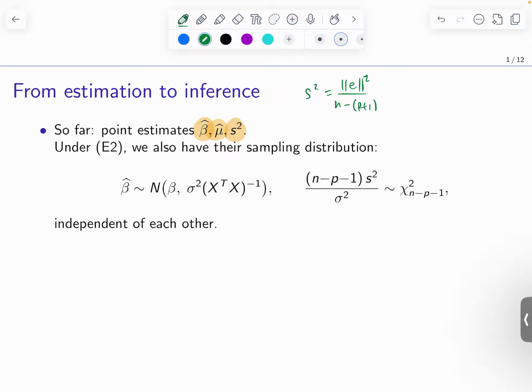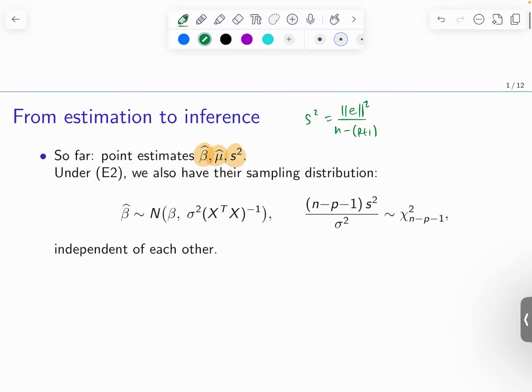And this was our unbiased estimator of the variance in the model. In particular, we showed that this norm divided by sigma squared is chi squared n minus p minus 1. And if you rearrange, you get that this result holds. So this quantity is basically norm of e squared divided by sigma squared, and so it's going to be chi squared.